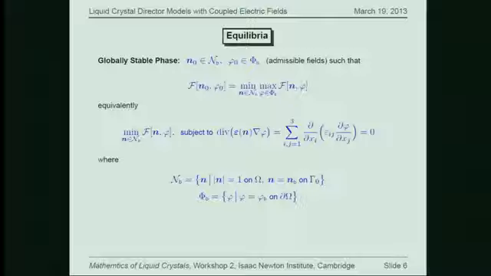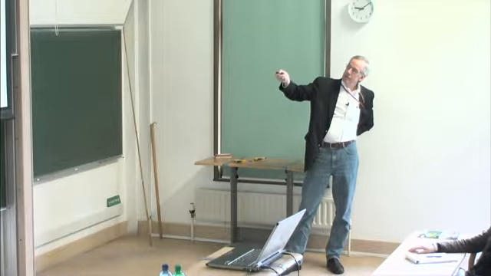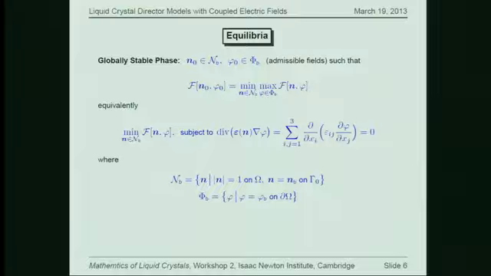If I let N sub B denote admissible director fields, these would satisfy the boundary conditions, be sufficiently regular, and satisfy the pointwise unit vector constraint described here in more detail. The admissible fields for the electric potential are required to satisfy the Dirichlet boundary condition. I'm not getting into the details of the regularity conditions.